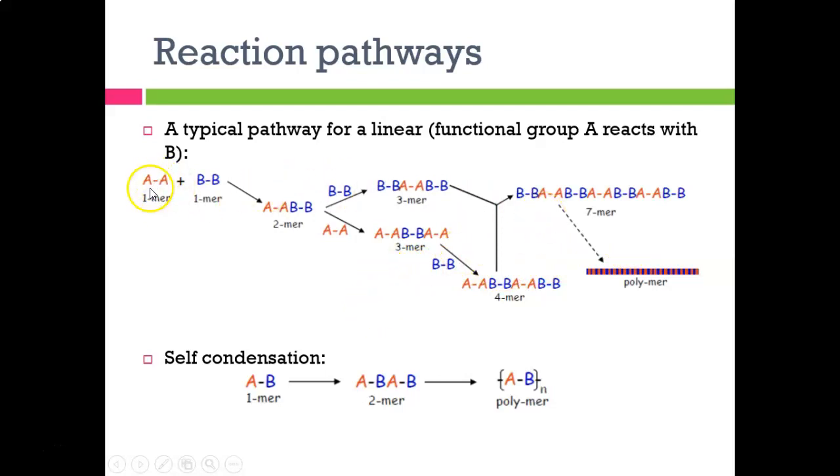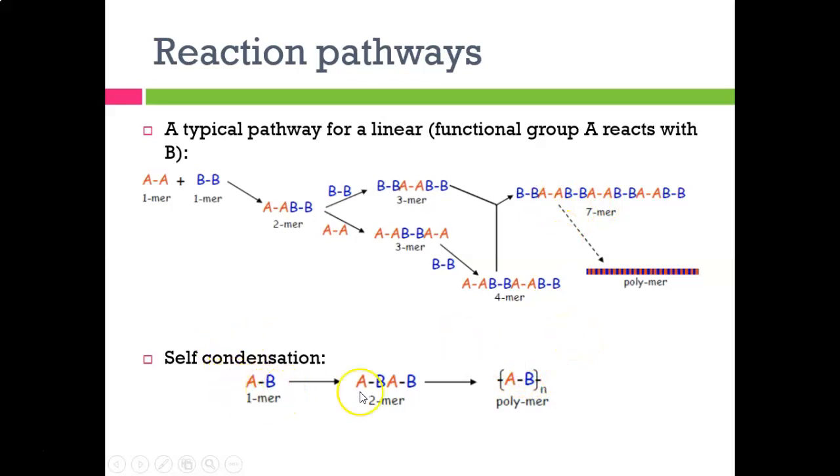Kalau kita ada AA plus BB, okay, satu monomer yang sama functionality react dengan monomer yang kedua which has the second functionality, dia akan produce polymer in this kind of structure or configuration of the monomer.